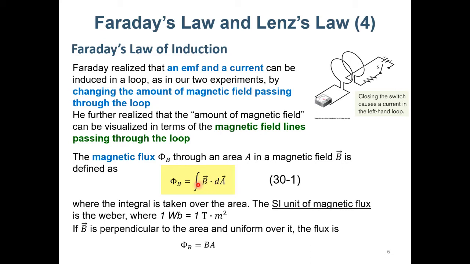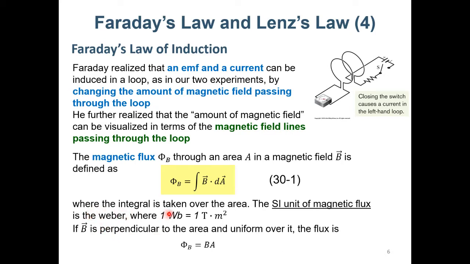It doesn't really matter, but the notation for the physics textbooks and the calculus textbook are somehow different. But we define the magnetic flux as the B field dot dA, the area vector, and then do the surface integration.